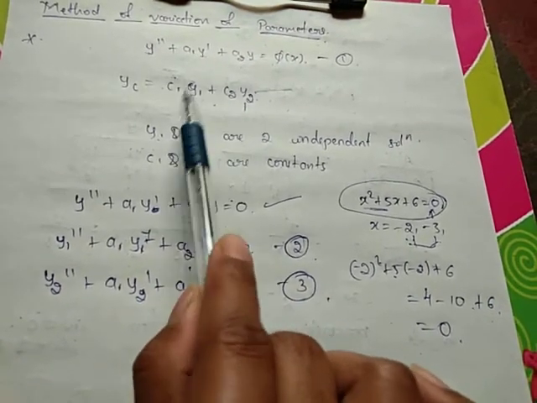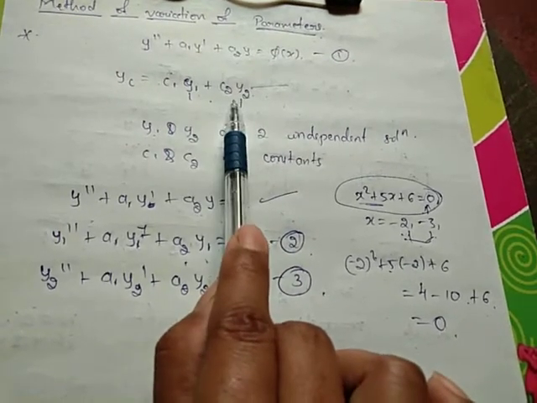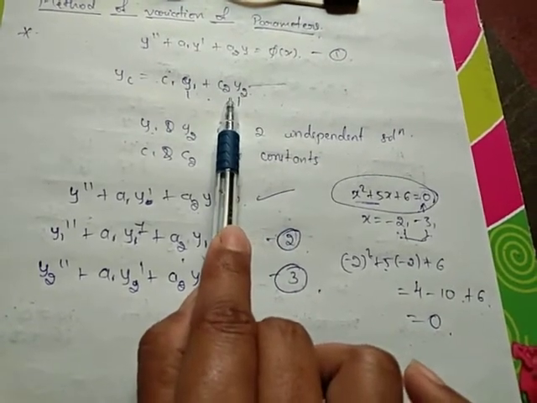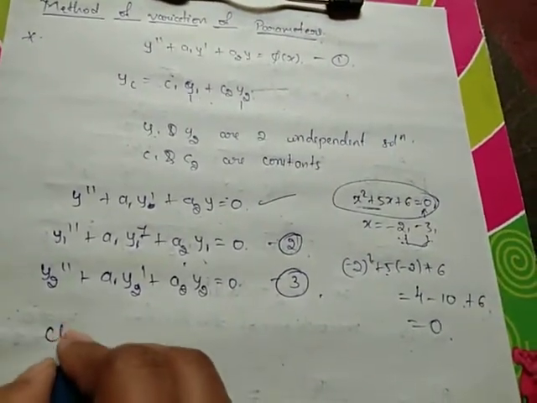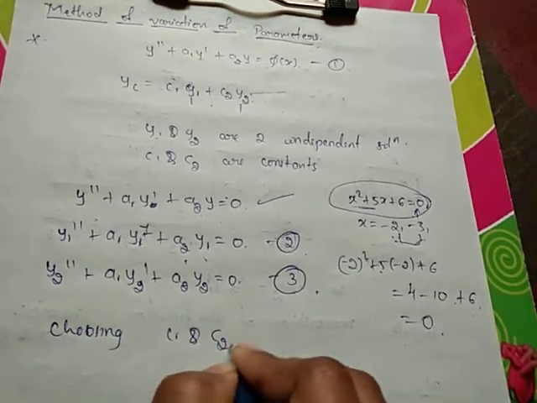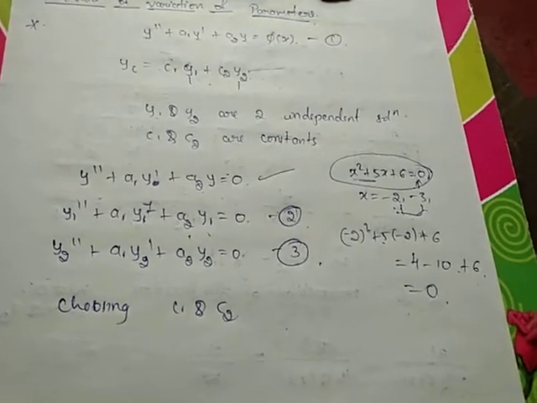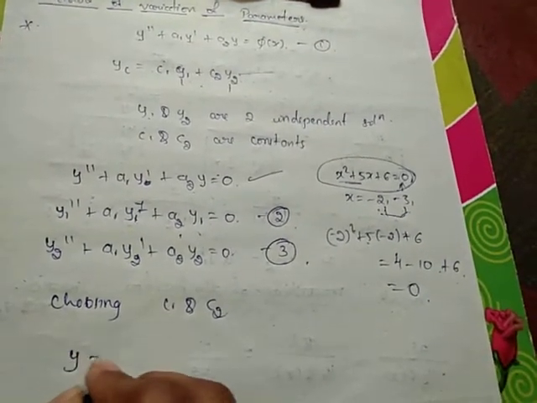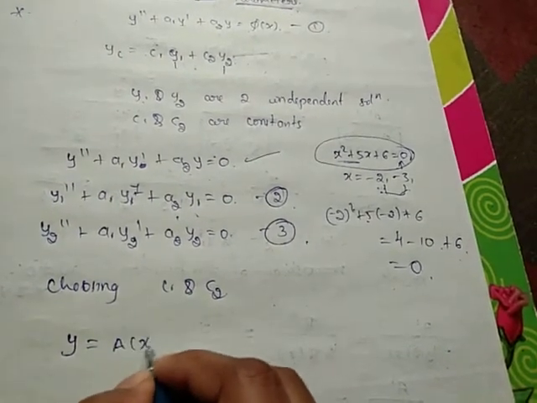In general, we don't know the values of C1 and C2 directly. Here C1 and C2 are functions of x. Here I am choosing the values for C1 and C2, and we get the complete solution. So the complete solution is indicated by y, where C1 is replaced by a function of x.